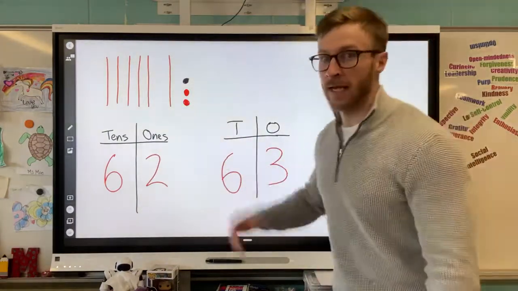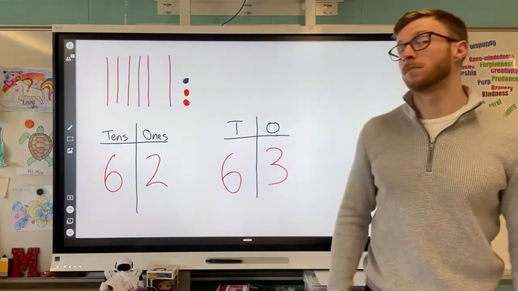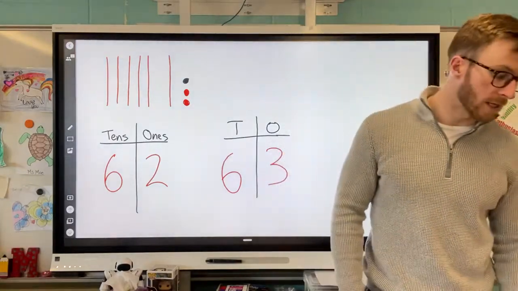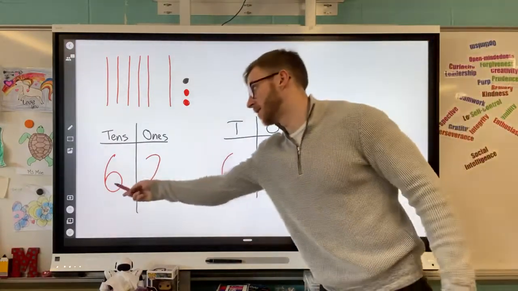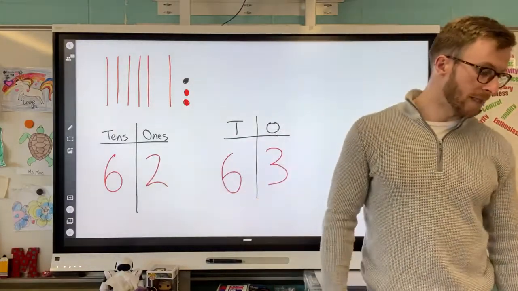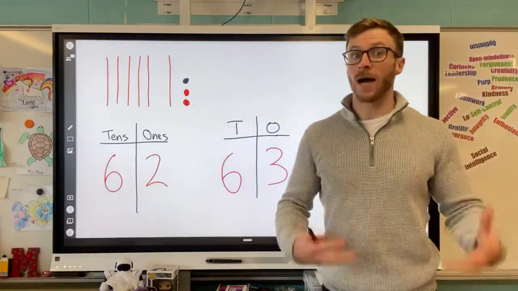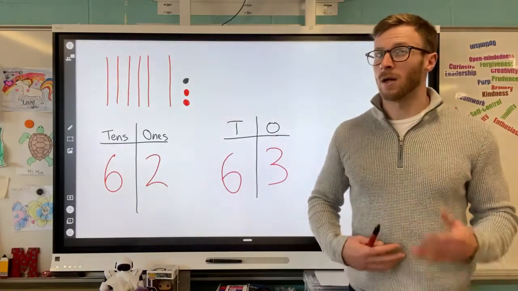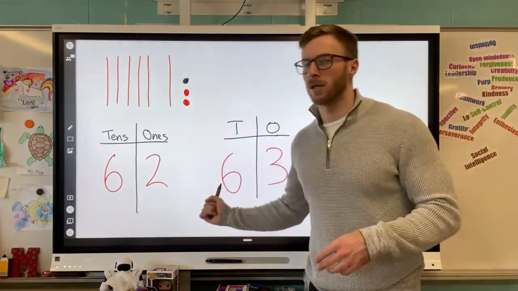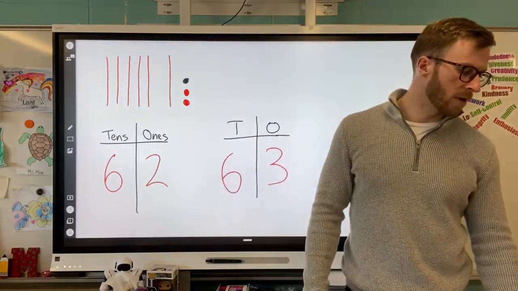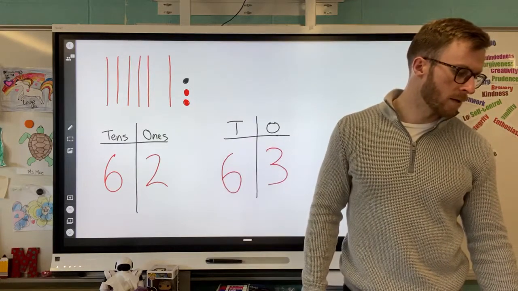So, did our 10s value change? Think about that really quickly. Did our 10s place digit change? It did not change. Why didn't it change? Think about how many we added onto it.